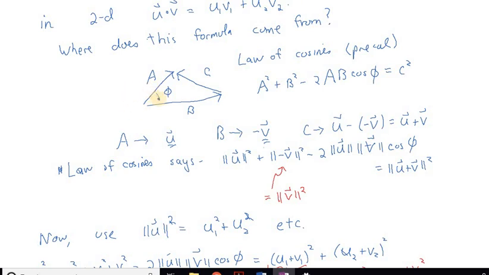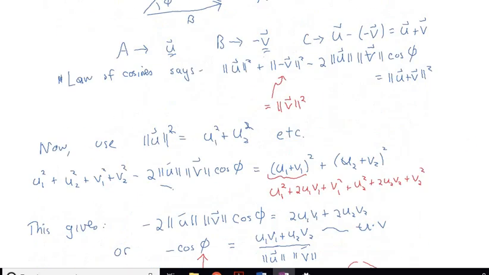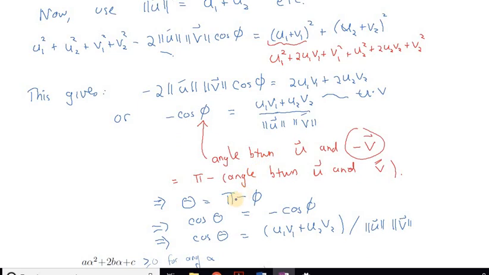Now this angle here plus this angle is pi. So theta is equal to pi minus phi. All right? So theta, which is the angle between u and v, is pi minus phi. Now if you work out your cosines, that means the cosine of theta is minus the cosine of phi. So I can substitute minus cosine theta for cosine of phi. And I get this here.